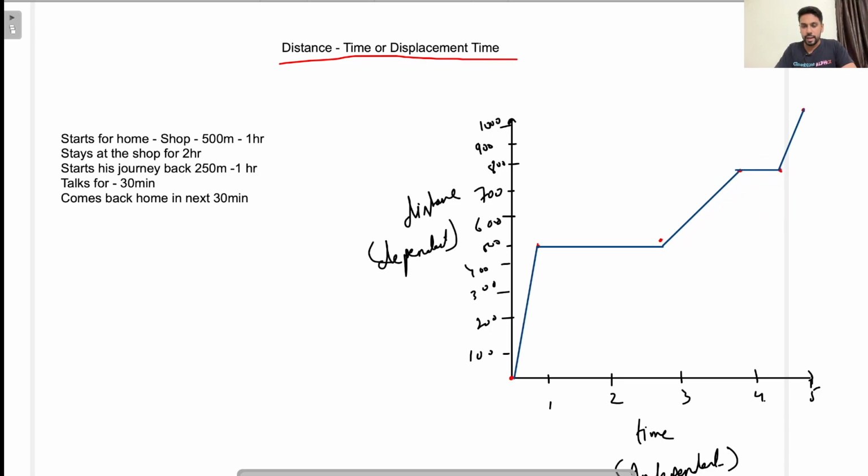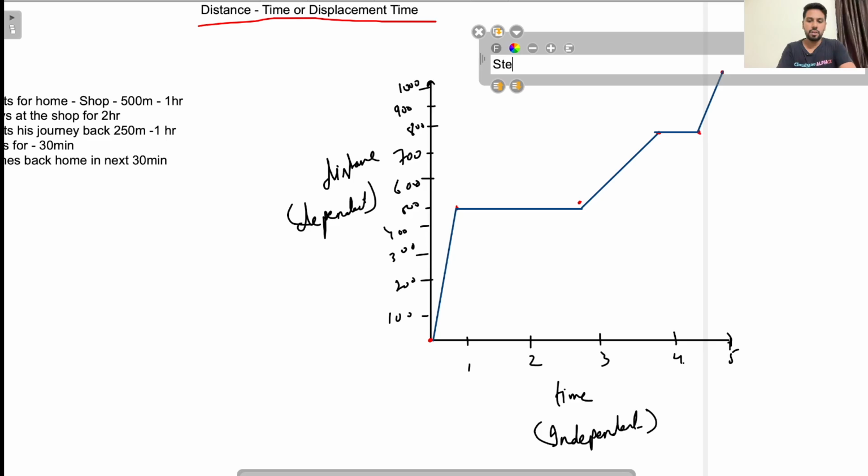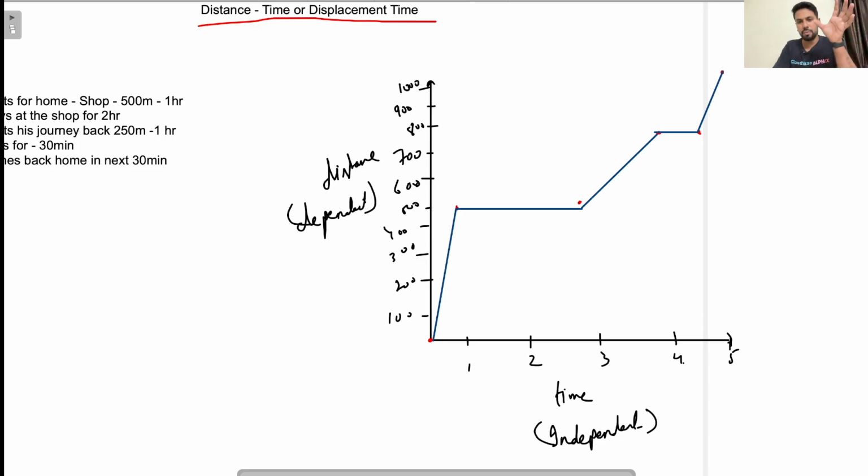The sloped line represents that he has been traveling. And the slope, the steepness of these lines, gives speed. So in mathematical terms, the slope of these lines gives you the speed.